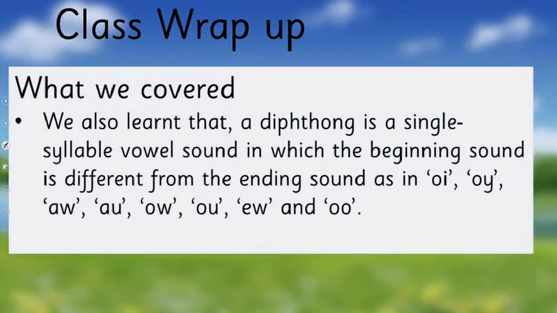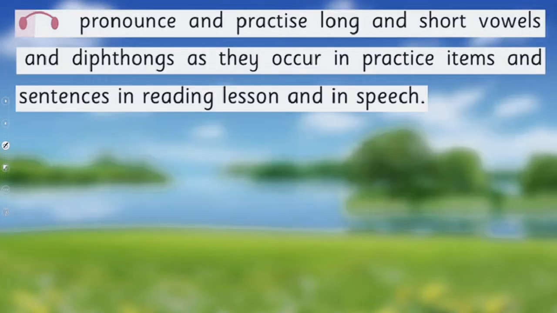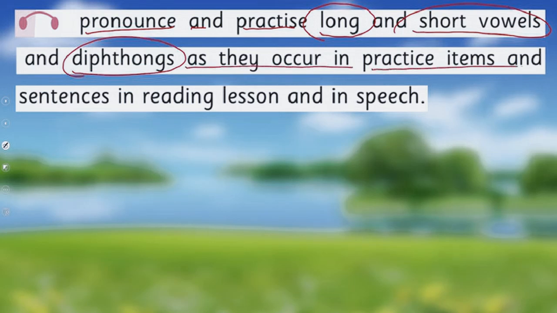We further learnt that a diphthong is a single syllable vowel sound in which the beginning sound is different from the ending sound, as in OI, OY, AW, AU, OW, OU, EW, and OO. So in this way, we achieved today's SLO to pronounce and practice long and short vowel sounds and diphthongs as they occur in practice items and sentences in reading and in speech.